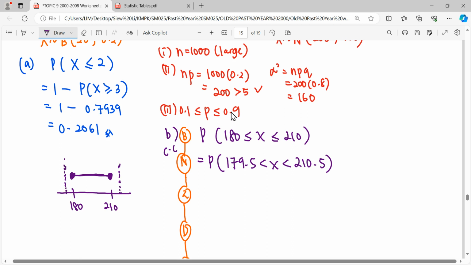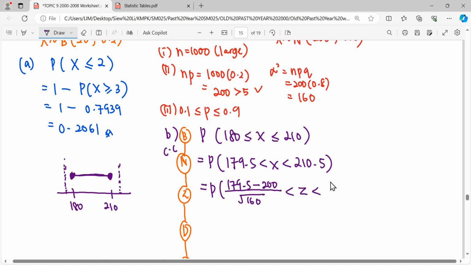After we make it normal and apply the continuity correction, the next step is changing this X to standard form, the z-score. 179.5 minus mean 200 over standard deviation, square root of 160.